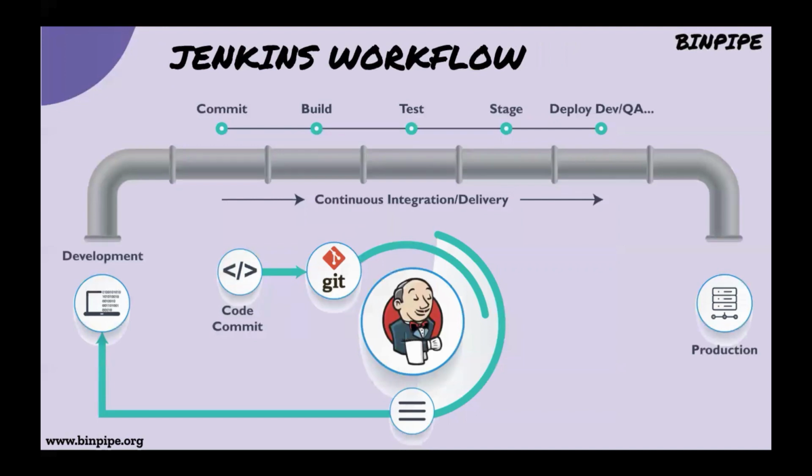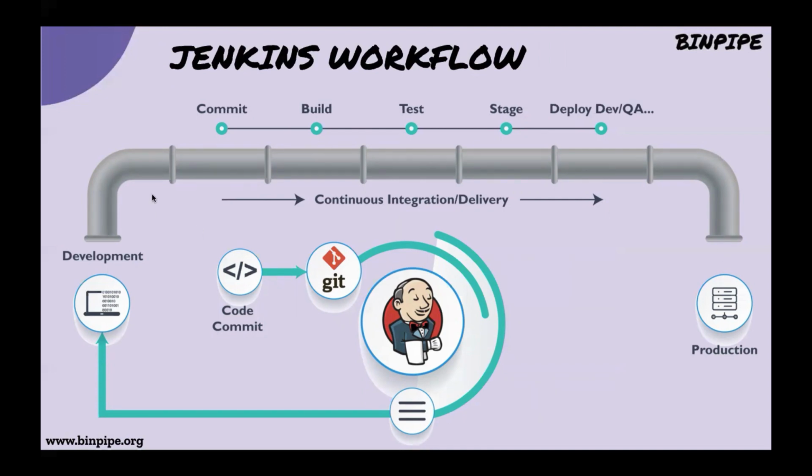Then next, this slide is just to make you revisit the Jenkins workflow. This we have discussed in the previous topics also, but just to revisit so that you don't miss out on the steps. A coder writes code, that is happening in the development phase. So this is a pipeline.